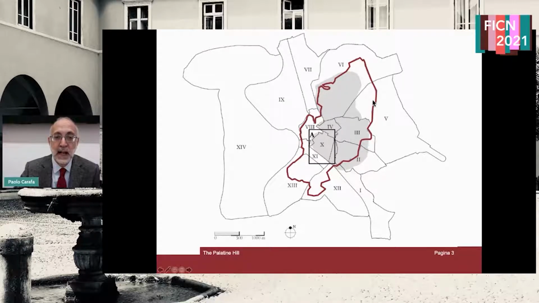Then the red line represents the limit of the new city at the end of the 6th century BC, and in the end, this huge space, divided in 14 parts, represents the surface of Imperial Rome. So from the limit of a new city, the Palatine has been turned into the deep core of a larger city and of an even larger city at the center of an empire.